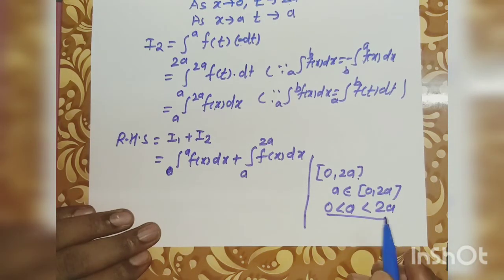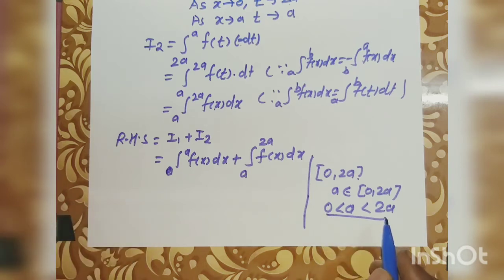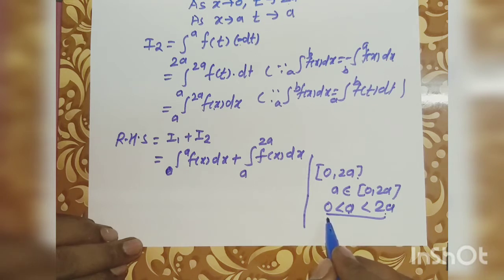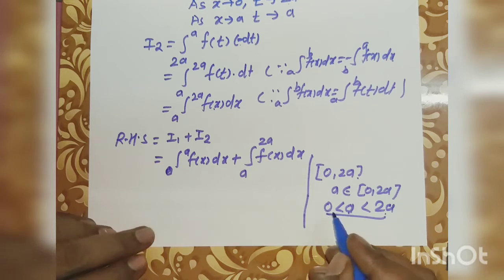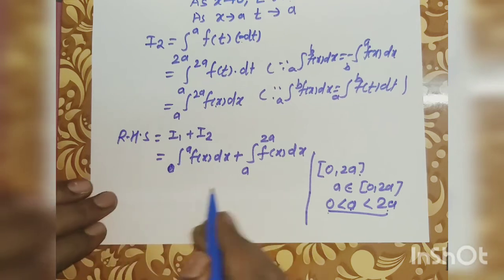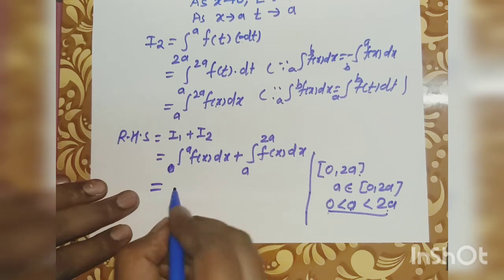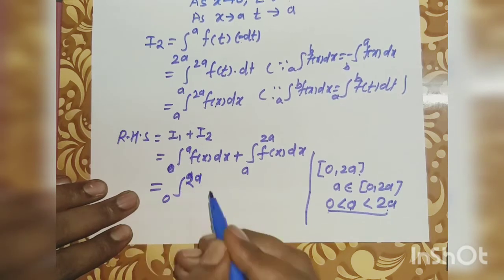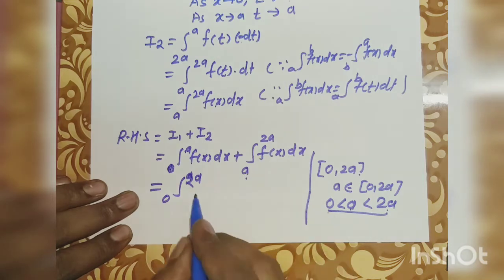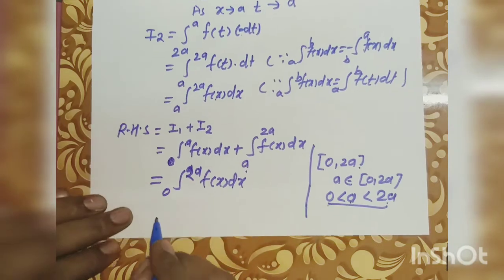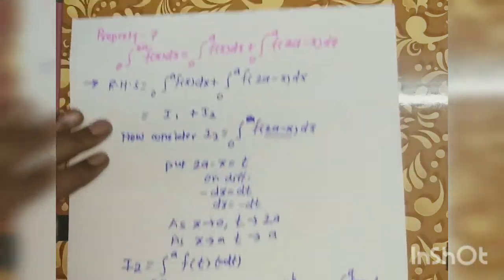By using the last property, if a, b, c are three real numbers with a less than c less than b, then we convert the integration into two parts, a to c plus c to b. Similarly, we write the reverse formula: 0 to a plus a to 2a gives 0 to 2a of f(x) dx, which is the right hand side of the theorem.